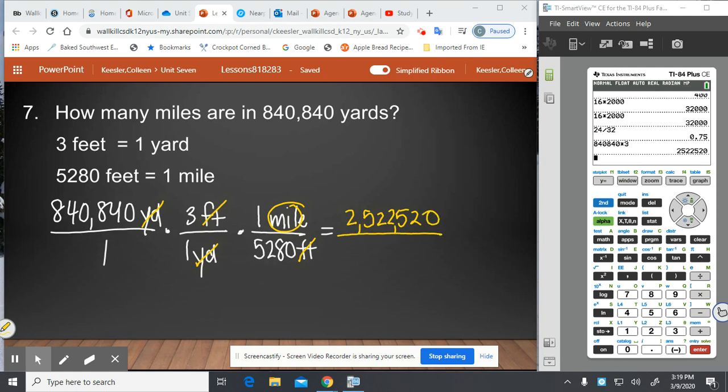And that's going to be over 5,280. So I can divide by 5,280. And I get 477.75, and the unit we're looking for is miles. So 840,840 yards is equivalent to 477 3/4 of a mile.